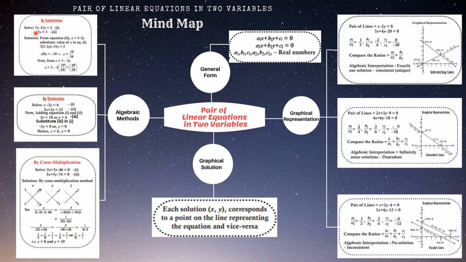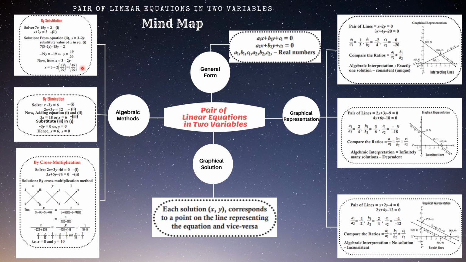So wherever there is x, that is 7x, in place of x we replace it by 3 minus 2y, as you can see over here, and then we solve for y, and we will get the value of y as 19 upon 29. Once we get the value of y, all we do is take this value of y and put it in the equation that we got, x equal to 3 minus 2y.